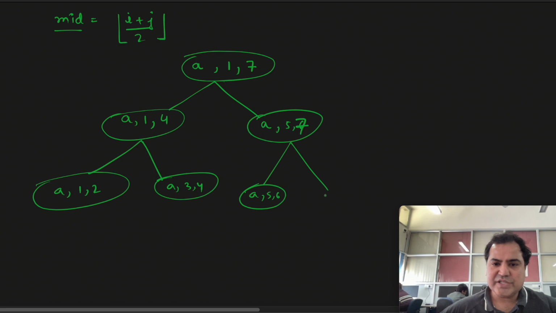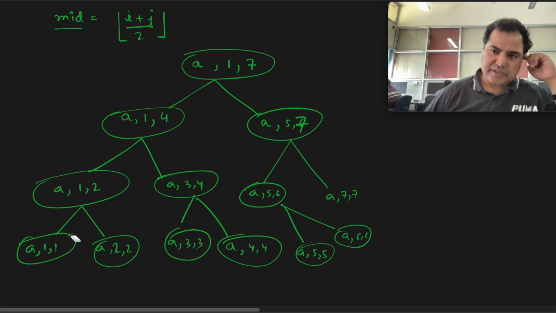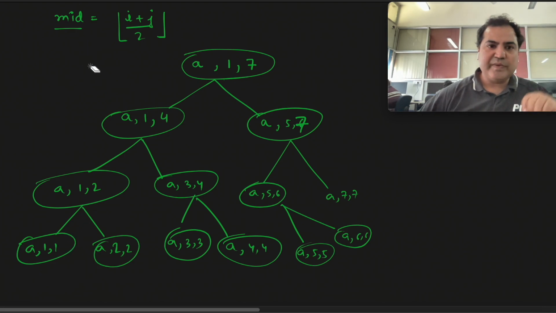So 5 to 6, and then A 7 till 7. We have to stop at one element. This is how we will get the tree. After 7 7, it will be like 1 plus 2 divided by 2, which is 1.5, and so we will reach single elements, right?